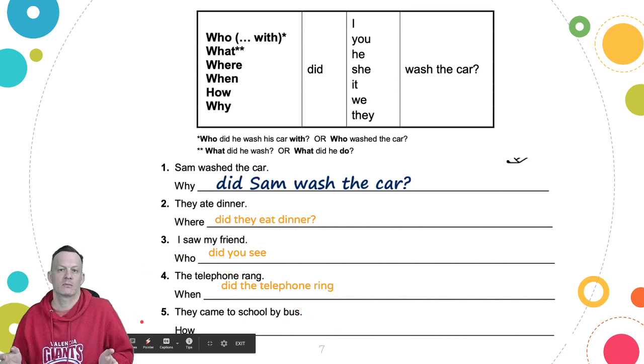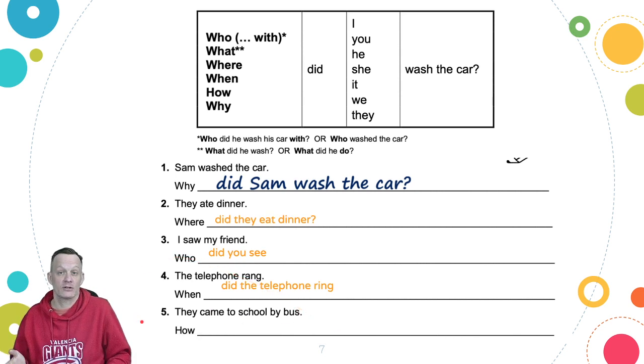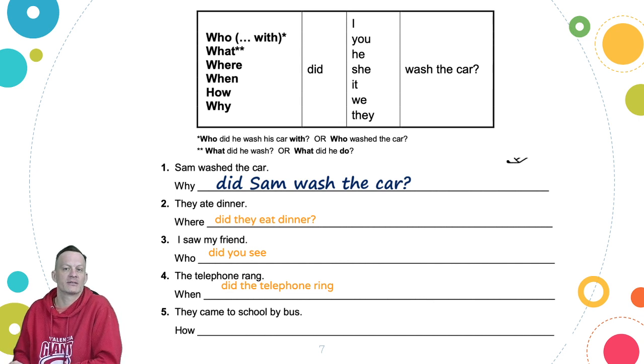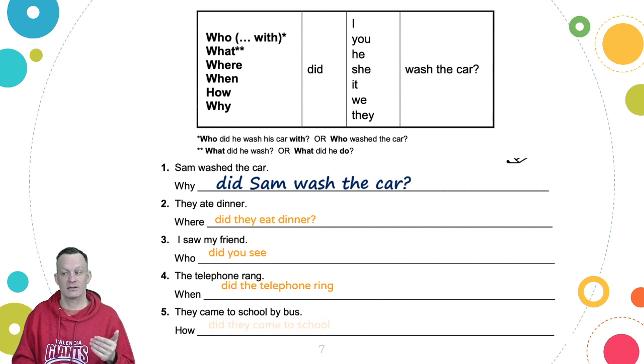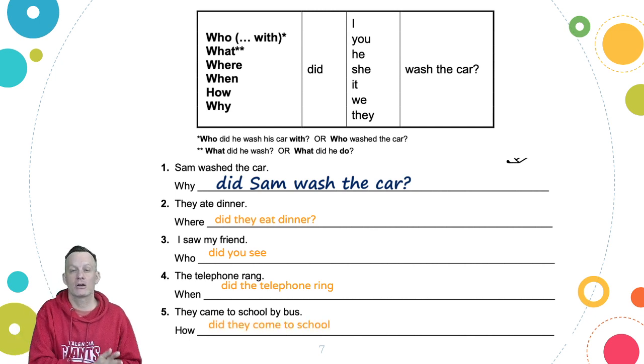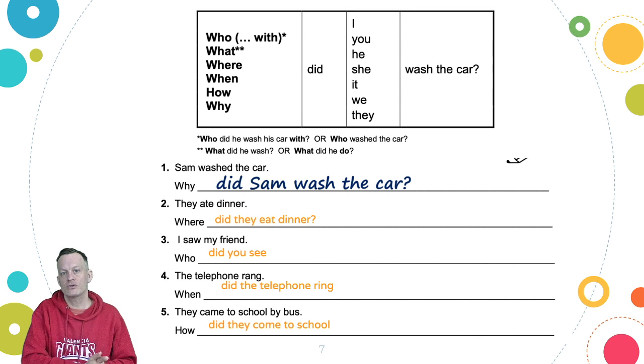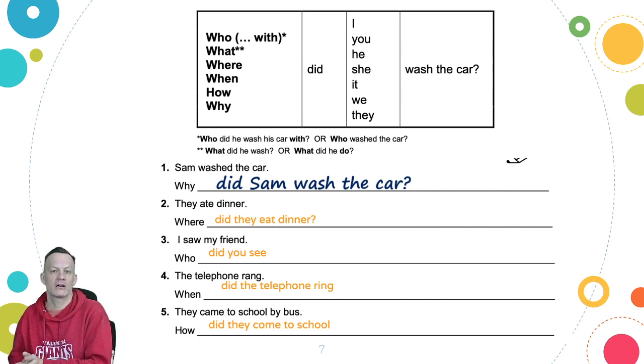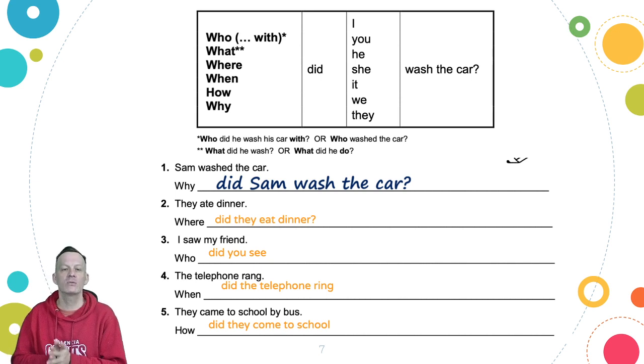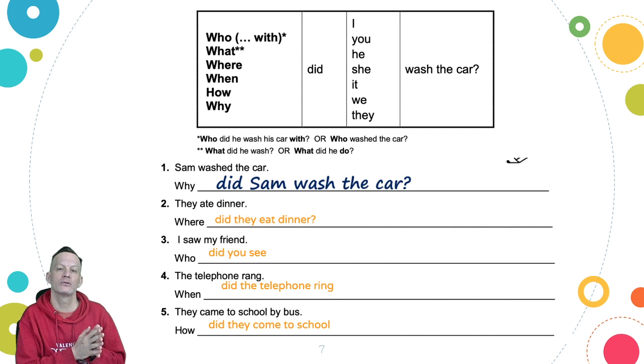Well, how is the question. By bus is the answer. So how, in the past, did they come to school? Did shows us that the question is in the past. The verb come is in the infinitive. How did they come to school?